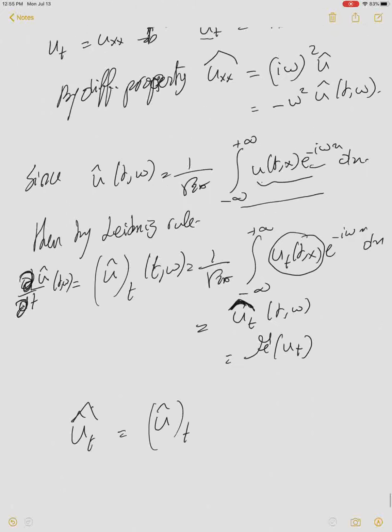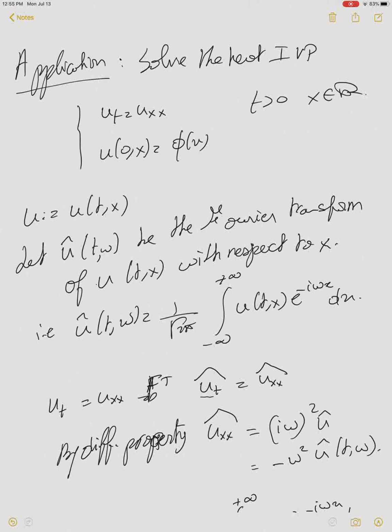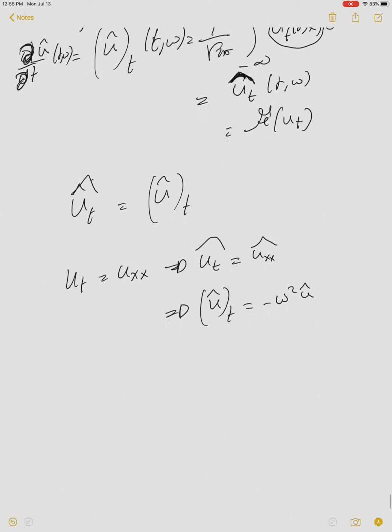So what happened to the equation? u_t equal u_xx implies u_t hat equal u_xx hat, and this implies u hat sub t equal minus omega squared u hat.